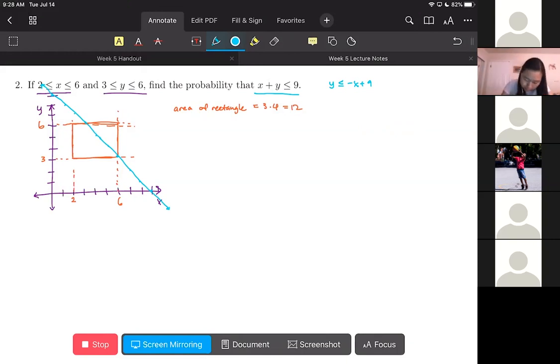So this is x plus y. And so which side of the line represents the side where x plus y is less than or equal to 9?